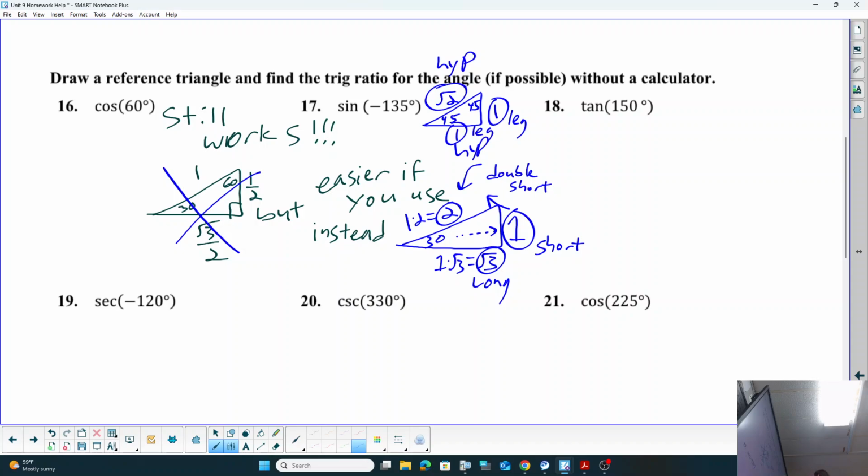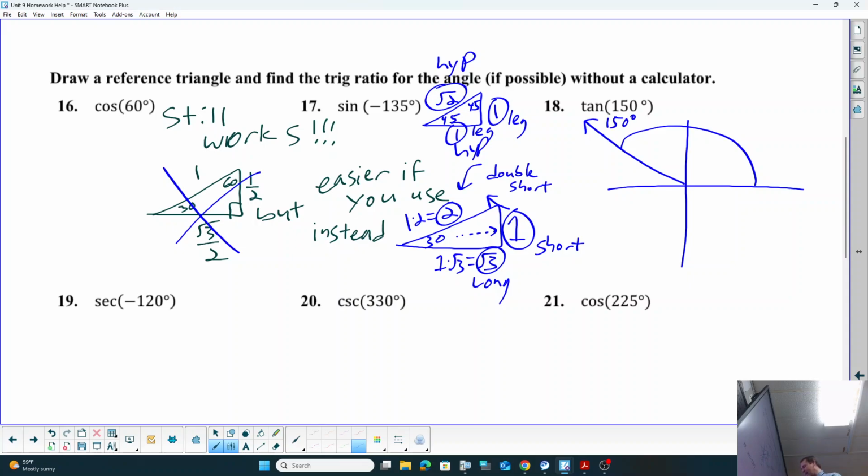So let's give that a try. We're going to go ahead and draw a 150-degree angle. Woo! And so 150 degrees goes all the way to about there. So there's our 150 degrees.